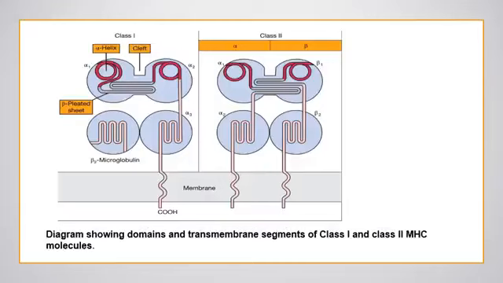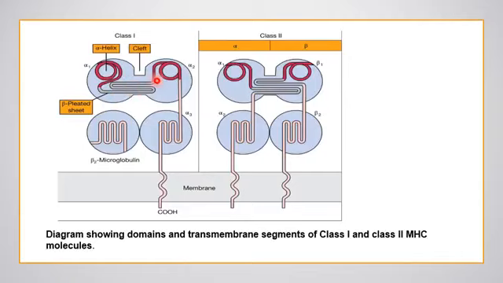Okay, this is the diagram about MHC class 1 and MHC class 2, showing the domains and the transmembrane segments of class 1 and class 2 molecules. Basically, these are the structures of MHC class 1, and I will start with it. MHC class 1 is expressed on nucleated cells and consists of two polypeptide chains.